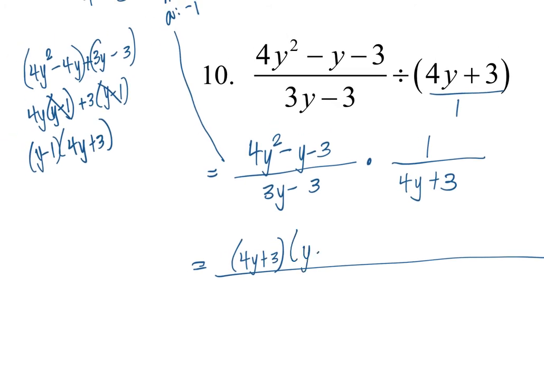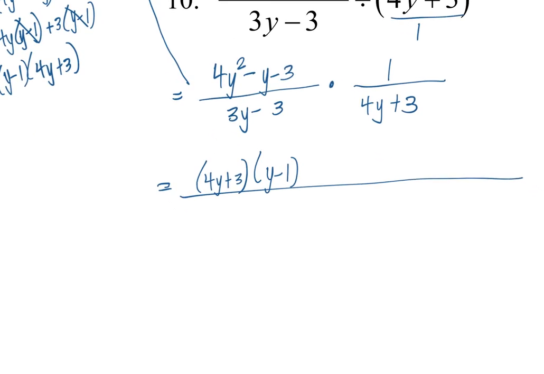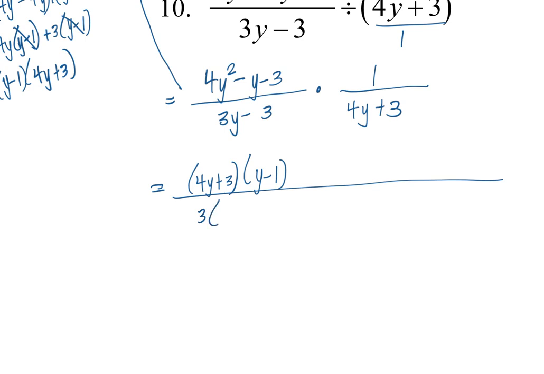And you don't have to write those factors in any particular order. Now on the bottom, the 3y minus 3, I can pull out a 3 and be left with y minus 1. And we also have the factor right here of 4y plus 3. So there's a good bit of cancellation that happens.